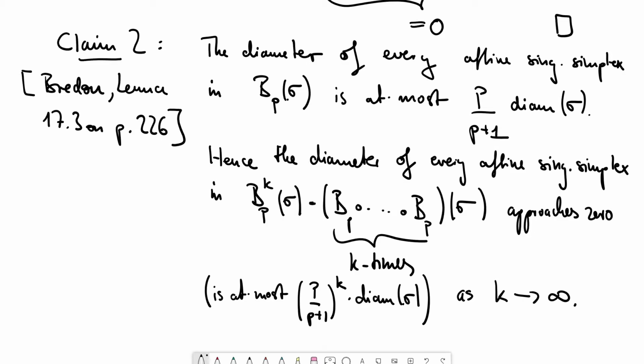The third claim, it was actually the fourth claim, what you were asking before, but the third claim I want to make is that that chain map is chain homotopic to the identity map, meaning that if we apply this subdivision to a homology class, it doesn't change the homology class.